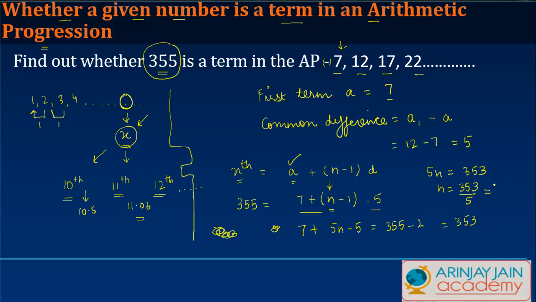Which gives you 70.6. Now the term of an AP cannot be 70.6. Like I told you, either it has to be 70th or it has to be 71st, which means that this particular number is not a part of the arithmetic progression. If it were a part of the arithmetic progression, then n would have been a complete number and not a fraction or having a decimal.